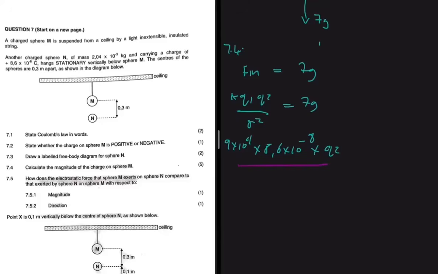Their centers are 0.3 meters apart, so we have 0.3 meters squared, equal to FG. FG is the mass multiplied by gravity. The mass is 2.04 times 10 to the minus 3 multiplied by 9.8.